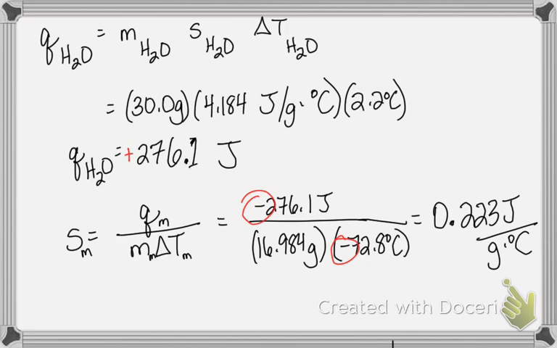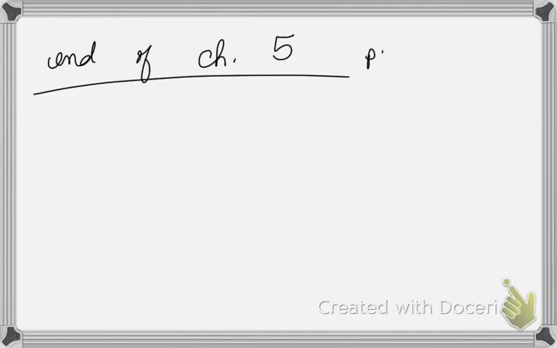Now, I want to go ahead and list some end of chapter 5 problems that you guys can practice working. This will help you prepare for the test. I know you also have Connect. So, end of chapter 5. These begin on page 220. Everything I'm giving you has the answers in the back of the book.